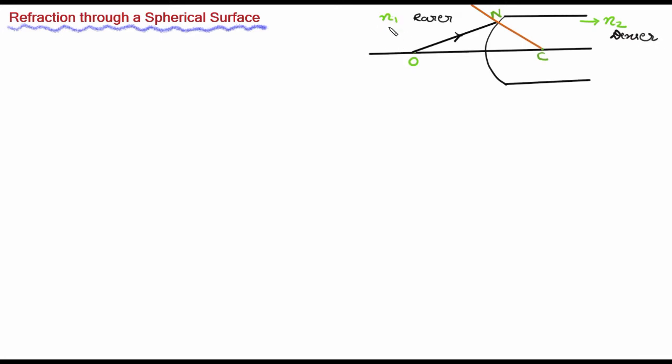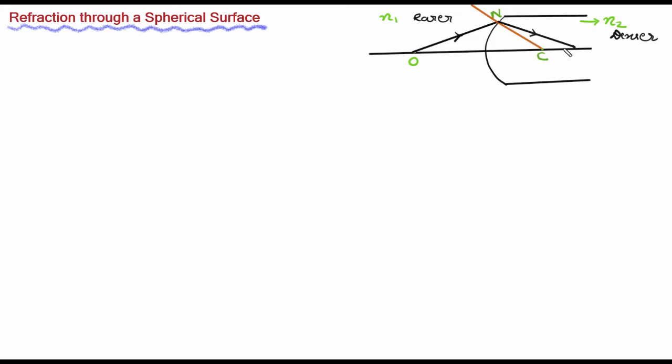N1 is the refractive index of the rarer medium, N2 is the refractive index of the denser medium. Since the light is traveling from rarer medium to denser medium, as you know, it will bend towards the normal like this. Okay, so it will bend towards the normal.